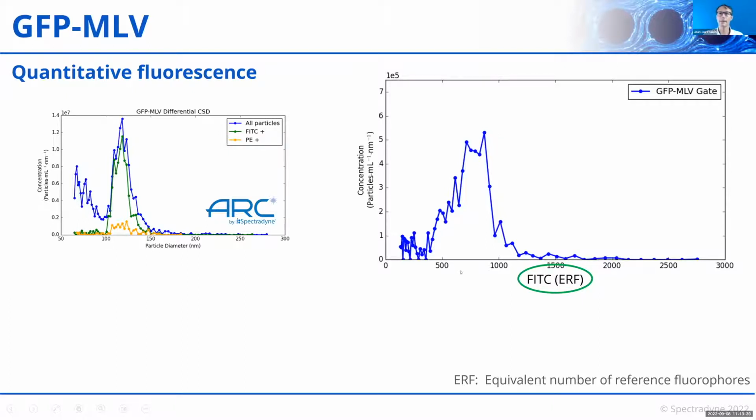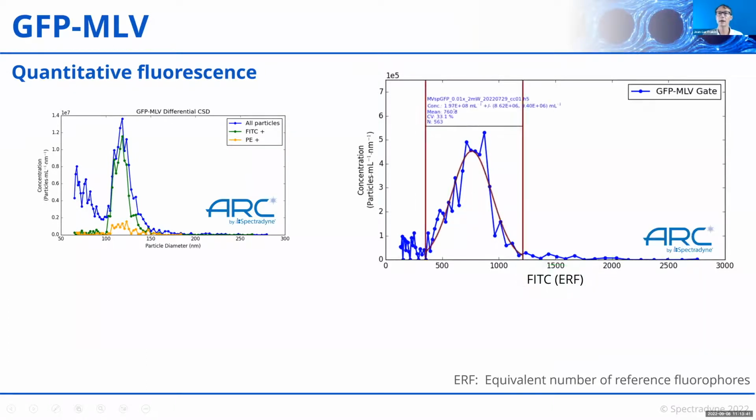So you can very clearly see that the mean brightness of these virus particles is about 760 equivalent number of FITC fluorophores. We can measure the concentration directly, and you can see we've measured over 500 particles in this example to get the data that we need.